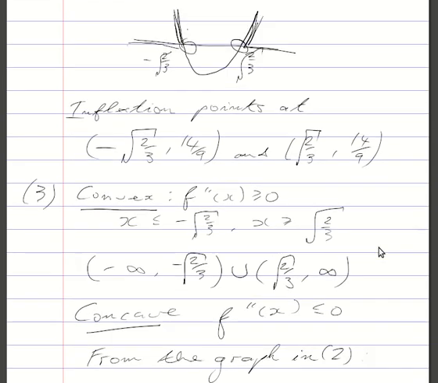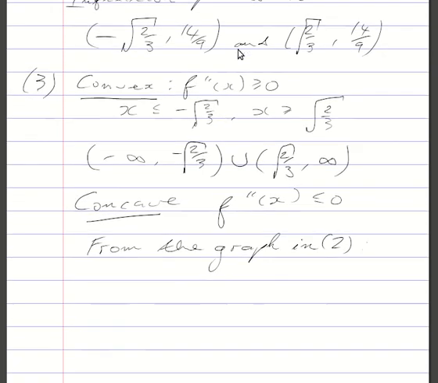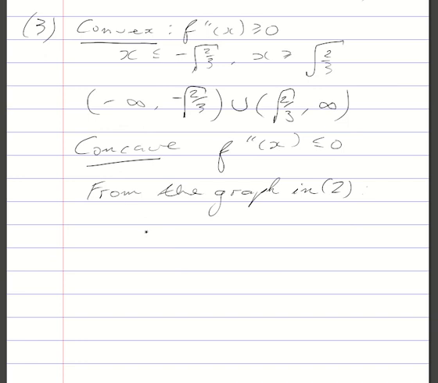That has to happen on this part, right where the parabola dips below the line. So we know that is the interval minus square root 2 over 3 to positive square root 2 over 3.